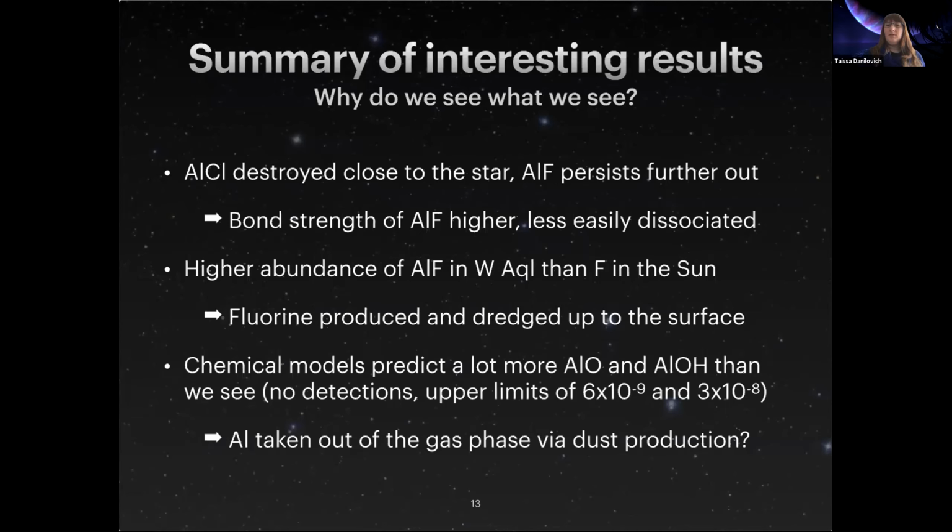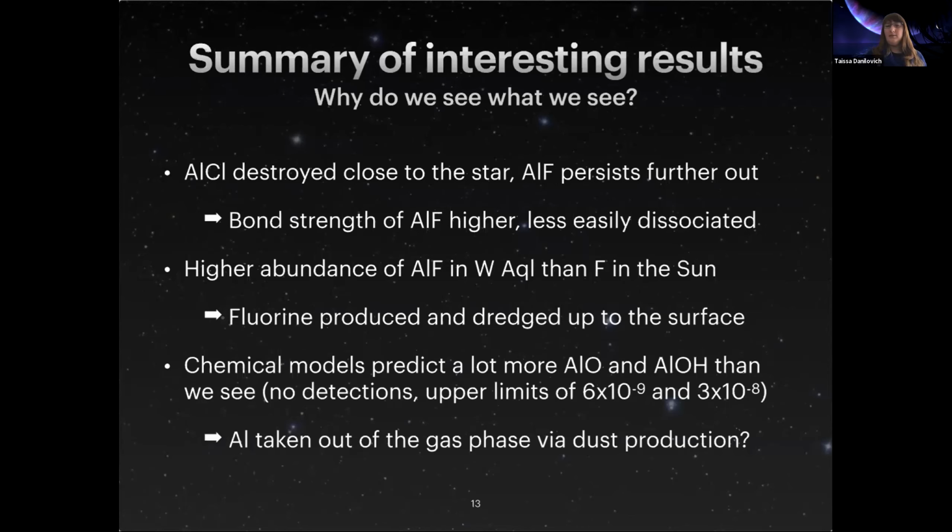The other interesting result, which is more an absence of results, is that chemical models predict that we should detect a lot more AlO and AlOH than we see. We actually don't detect them at all, even though both of these molecules are covered in the ATOMIUM survey. And the upper limits I found for both of these are quite low. So you might think, well, it's an S-type star. We see some carbon-rich chemistry, as we saw in the previous talk.